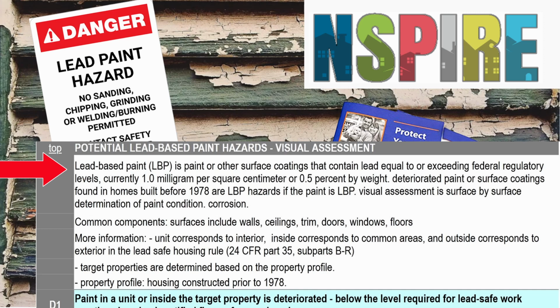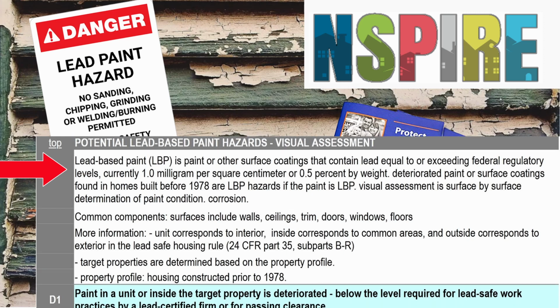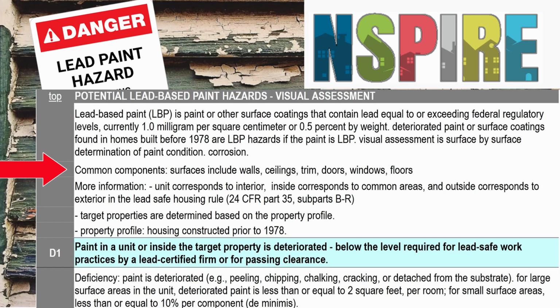Deteriorated paint or surface coatings found in homes built before 1978 are lead-based paint hazards if the paint is lead-based paint. Visual assessment is surface-by-surface determination of paint condition and corrosion. Common components of surfaces include walls, ceilings, trims, doors, windows, floors.